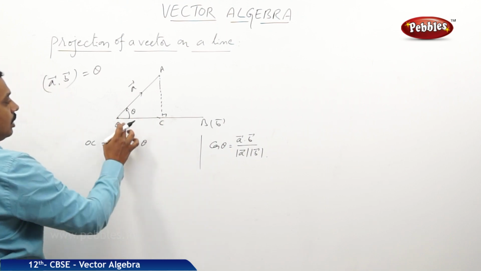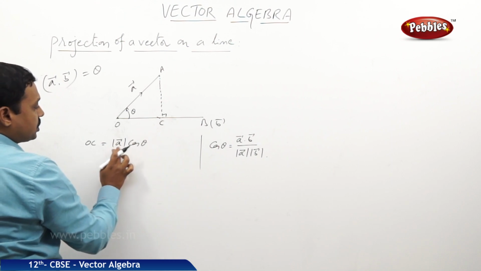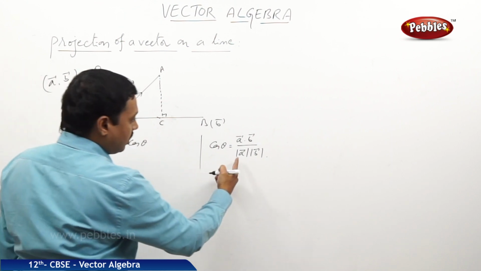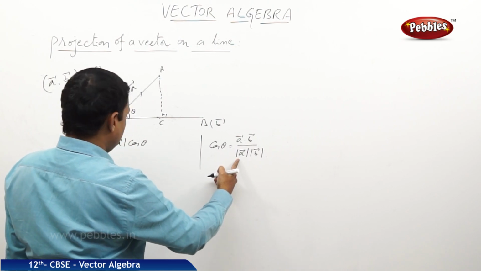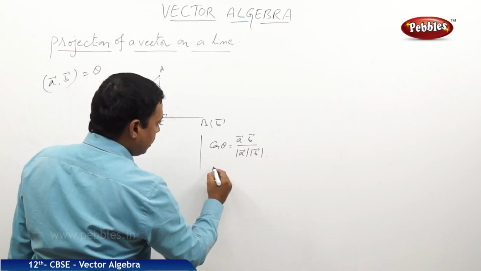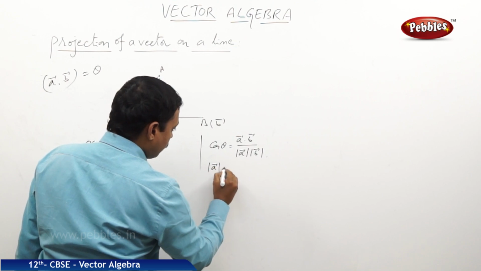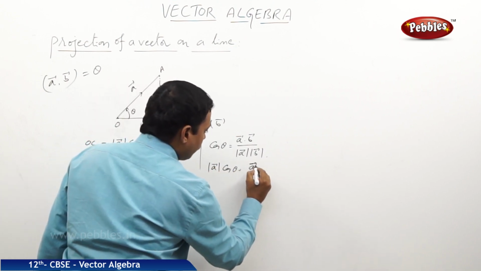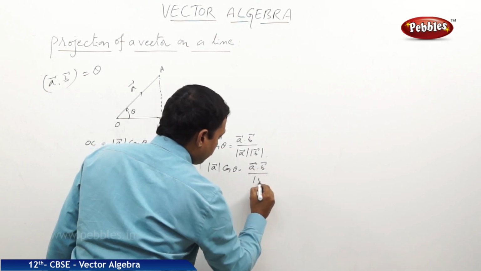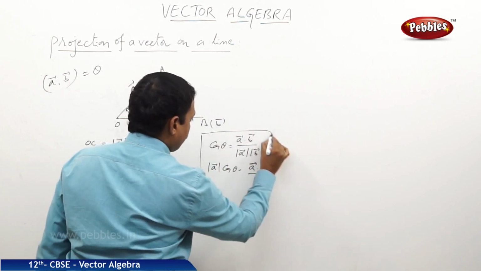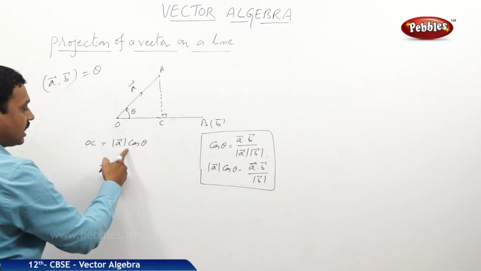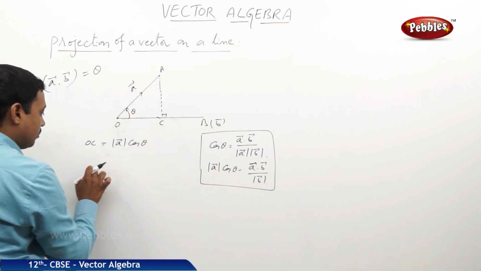Now the length of the projection is mod A cos theta. You see here, mod A cos theta is equal to A dot B by mod B. But what is mod A cos theta? It is nothing but the length of the projection.